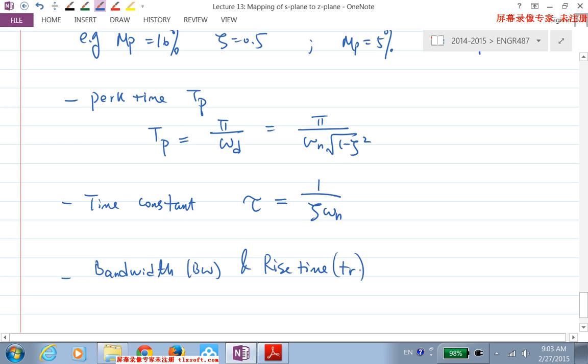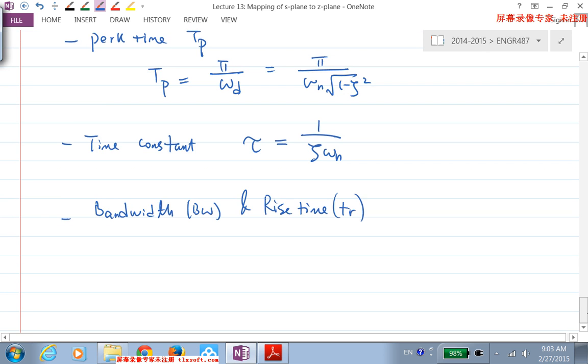Bandwidth is a concept in the frequency domain, where the frequency starts to show this negative 3 dB decay. Your bandwidth is typically very much related to the rise time, TR, and your TR is about 1.8 over omega n, approximately.